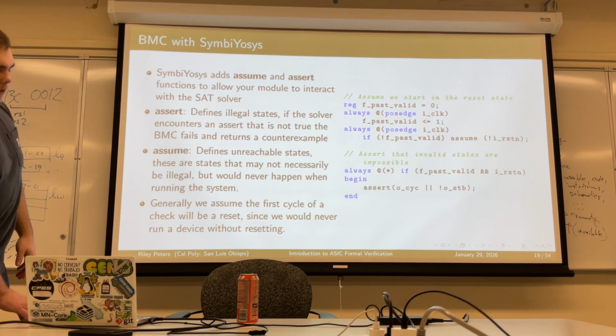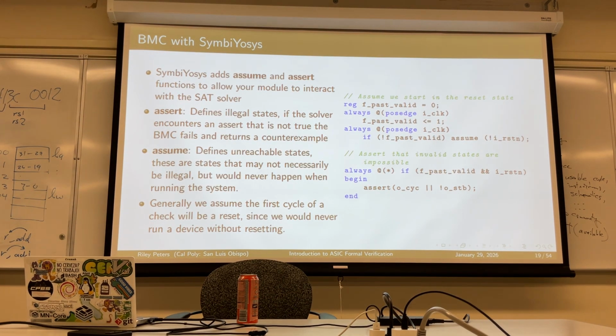So now we're getting to the interesting part, being able to run model checks on Verilog. SymbiYosys gives us two ways to interact with the solver, which is through assume statements and assert statements. Asserts are like you'd expect from unit testing, where you check to make sure that the output is correct.